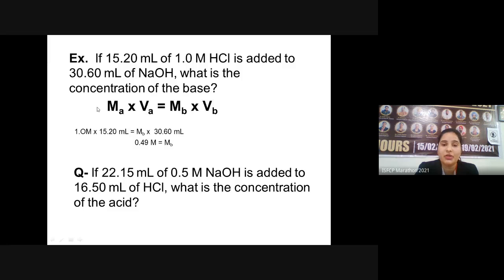By applying this equation, we can come to know what concentration of HCl is required to neutralize 22.15 ml of 0.5 molar sodium hydroxide solution. So this was one more numerical which we can solve by using this equation.